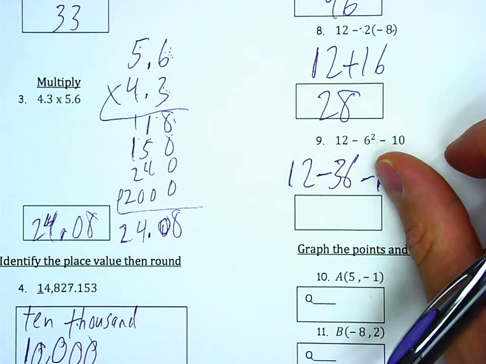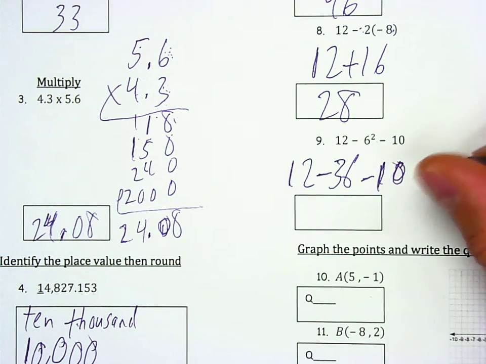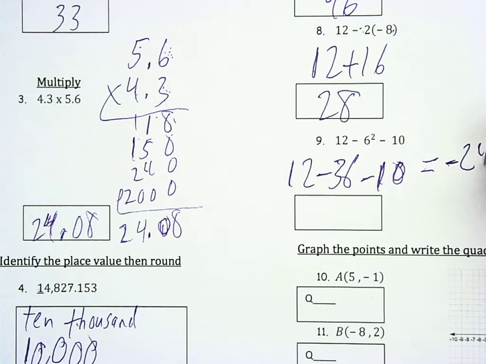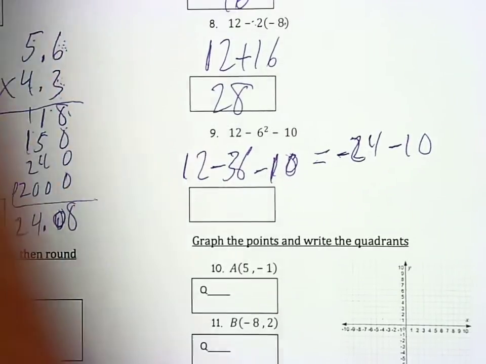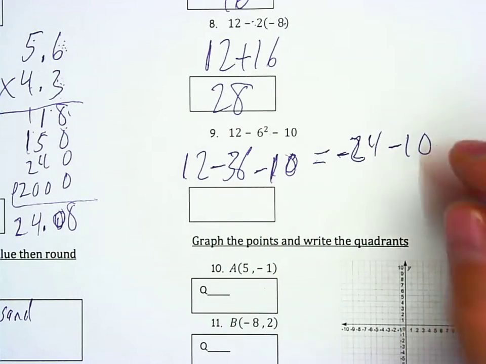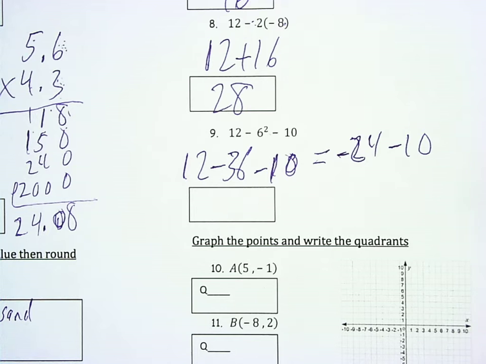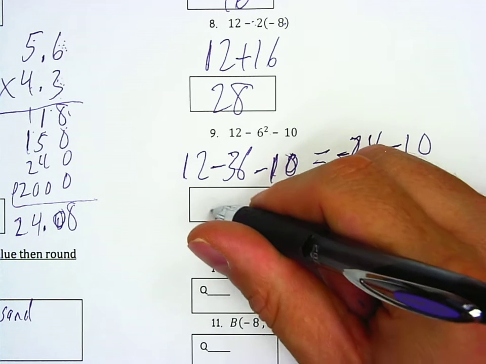Or if I'm going to do 12 minus 36, that's minus 24. Either way is appropriate. Just keep in mind the 36 is not positive. It's negative. It's minus. So I have negative 24 minus 10, or like I said, otherwise it would have 12 minus 46, which is negative 34.